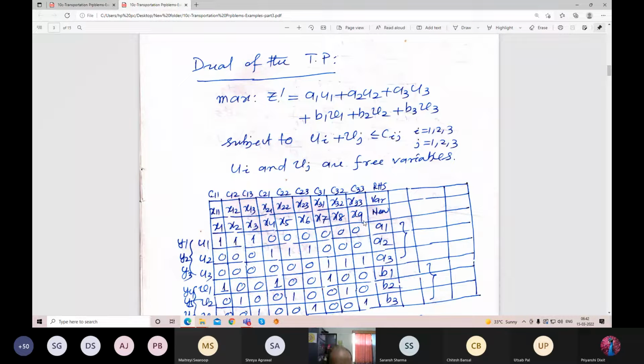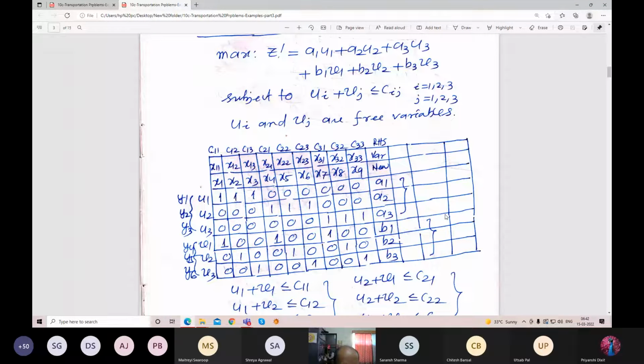For example, I'm renaming x11 as x1, x12 as x2, x13 as x3, and similarly x33 as x9. These are the primal variables. Now the dual variables are u1, u2, u3, v1, v2, v3.